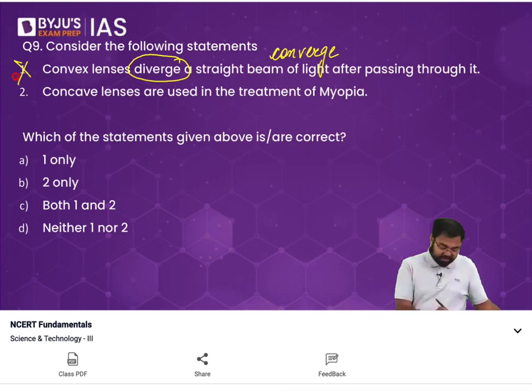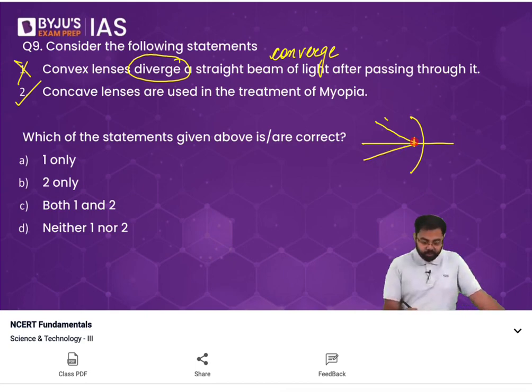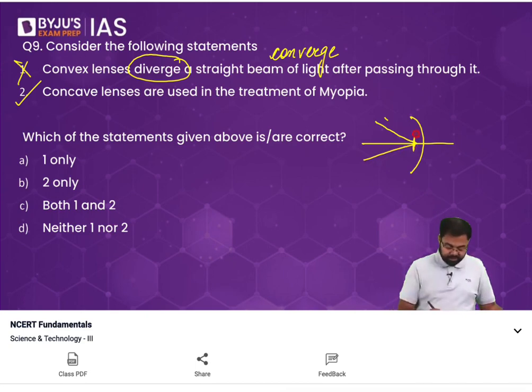Now this is basically correct, because in case of myopia the image is formed in front of the eye, in front of the retina. So what we need to do is diverge this ray, and for diverging this ray we need a lens here.